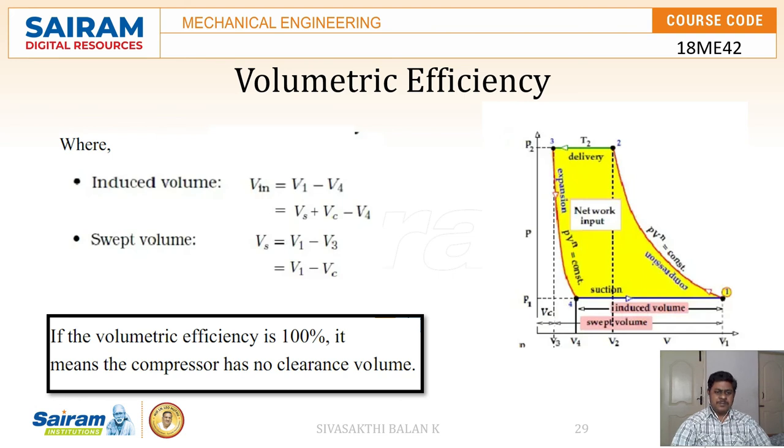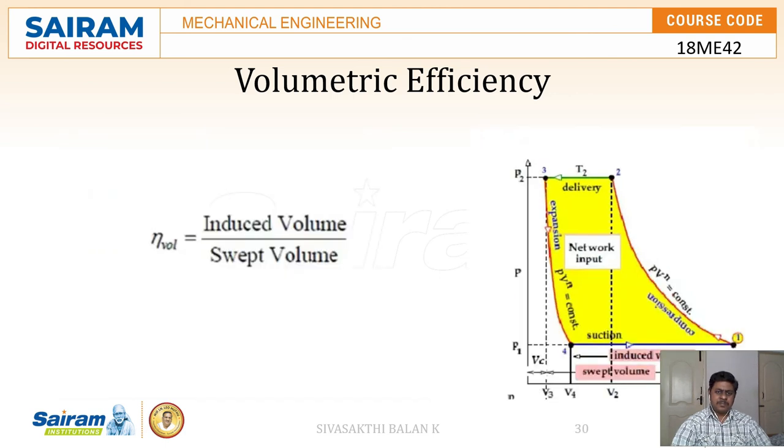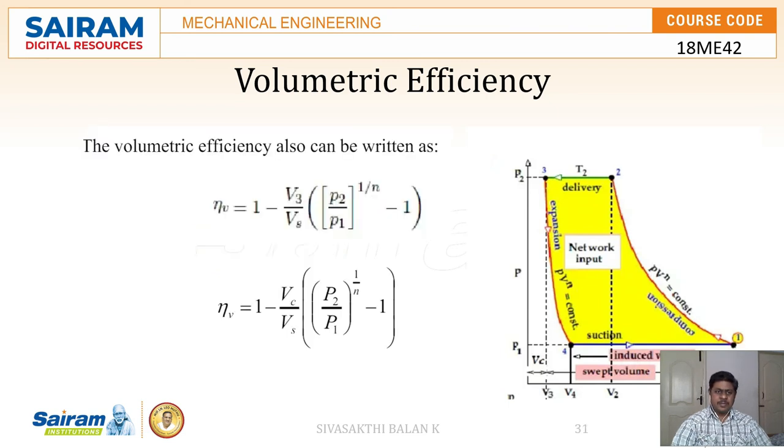If the volumetric efficiency is 100 percent, that means the compressor has no clearance volume. We substitute in the general term of volumetric efficiency, defined as the ratio between induced volume and swept volume, and we get volumetric efficiency equal to 1 minus V3 by Vs multiplied by P2 by P1 to the power 1 by n minus 1.